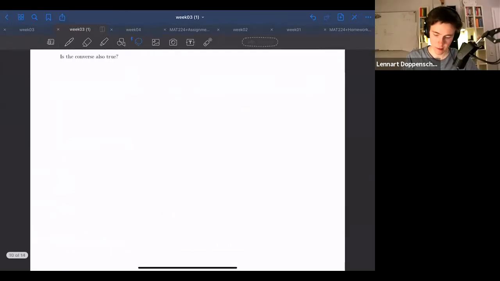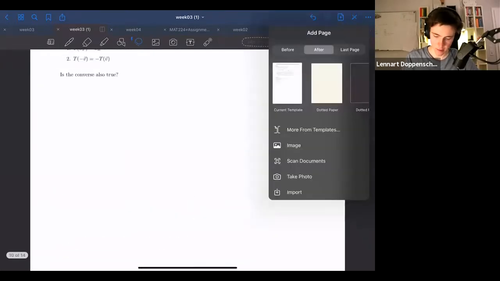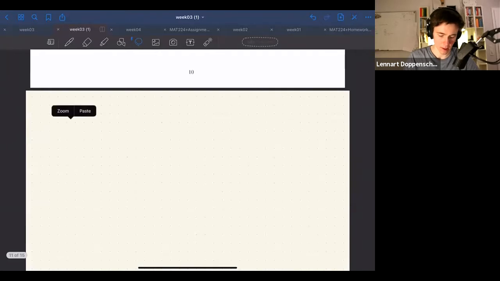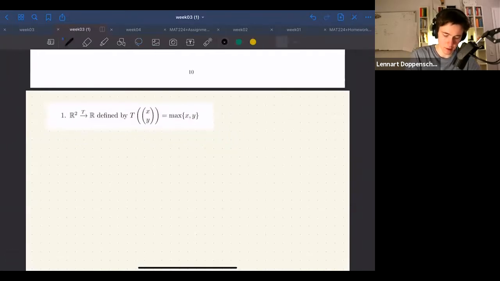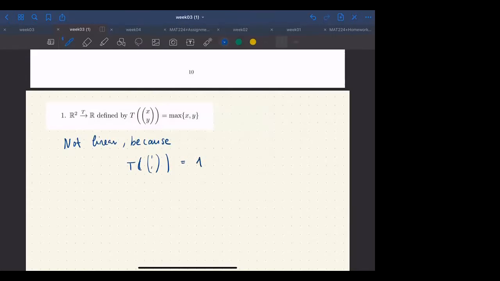It is not linear. Let's just see how it violates the axiom. So the claim is this is not linear. So you said you want to take t of (1, 1), right? And this would be 1.